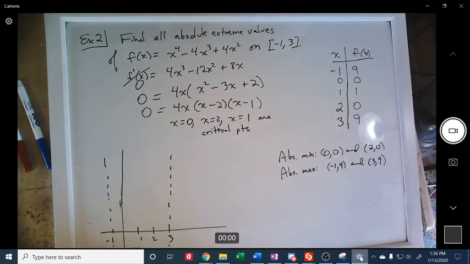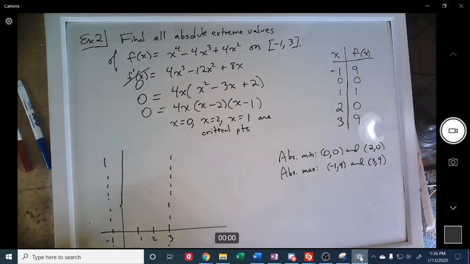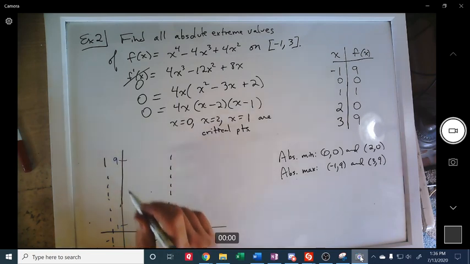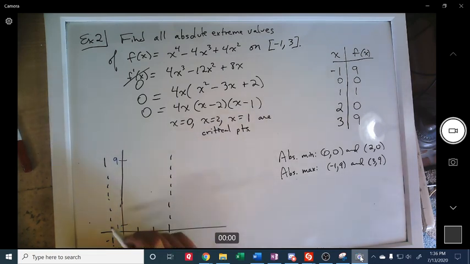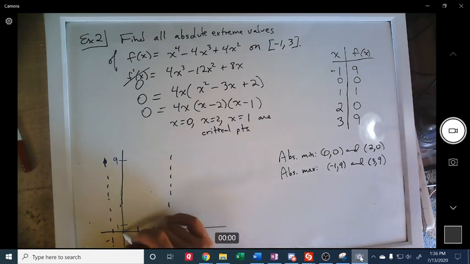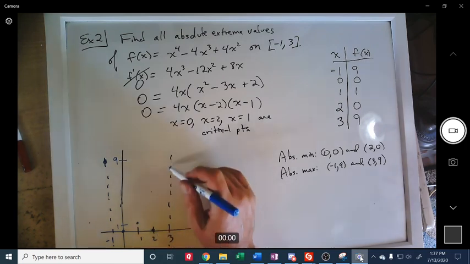And it might help to visualize what's happening here. We're going to need to go up to a height of 9. Here's a height of 1. Here's a height of 9. -1, it's at 9. 0, 0. 1, 1. 2, 0. 3, 9.